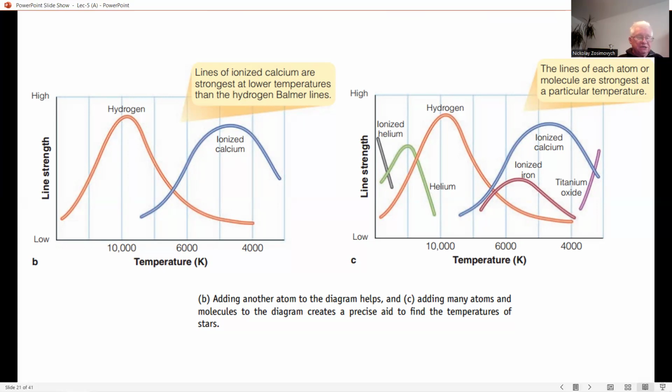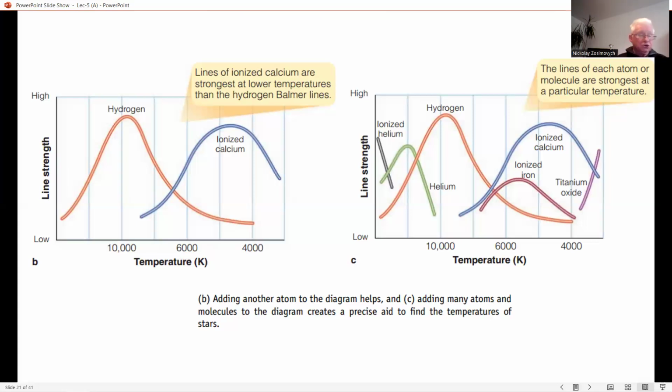You may see this on the left side of this slide, in figure B. If you add a number of chemical elements to your graphs, you get a powerful aid for finding the star's temperature. This you may see on the right part of this slide, in figure C.